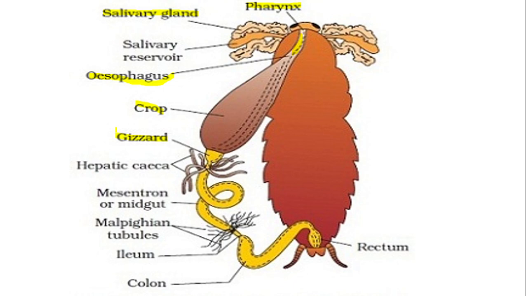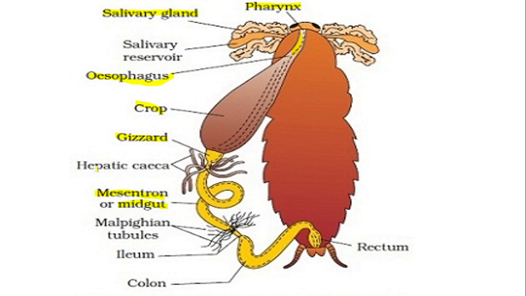From the gizzard, the next part starts, that is the midgut. The midgut is also called mesenteron, or it can also be called the stomach.